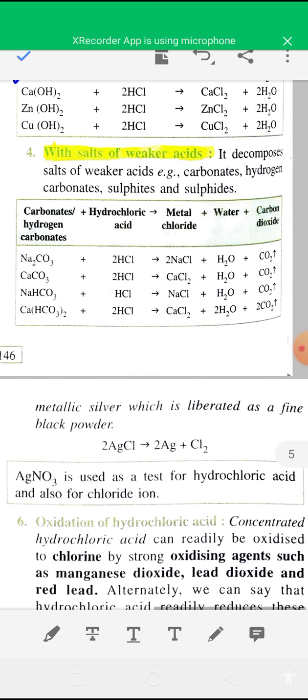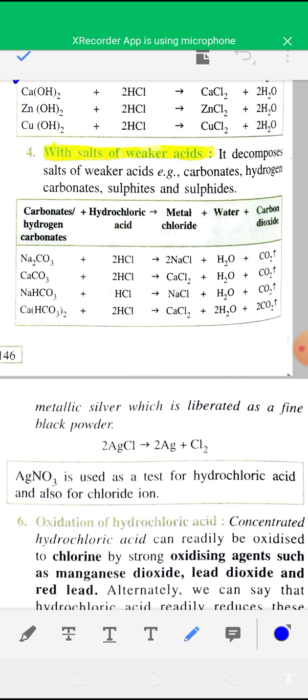Now reaction of hydrochloric acid with salt of weaker acid, that is reaction of hydrochloric acid with metal carbonate or metal hydrogen carbonate. When metal carbonates or metal hydrogen carbonates are treated with hydrochloric acid, you will get metal chloride, water and carbon dioxide.